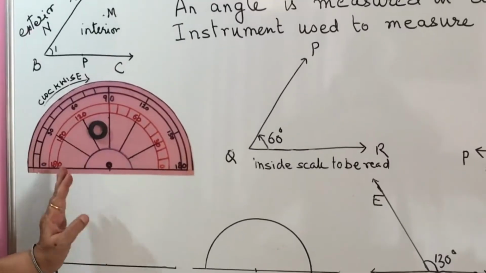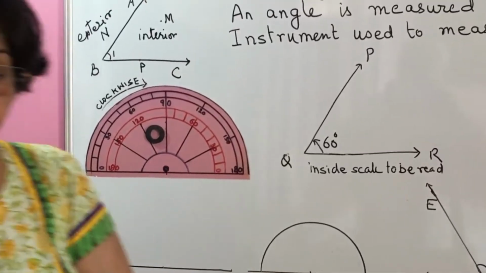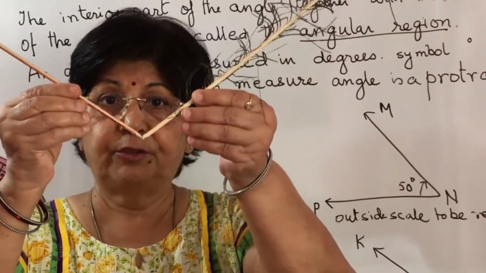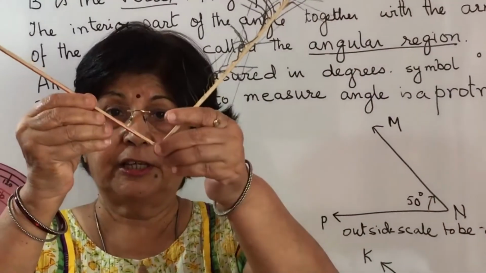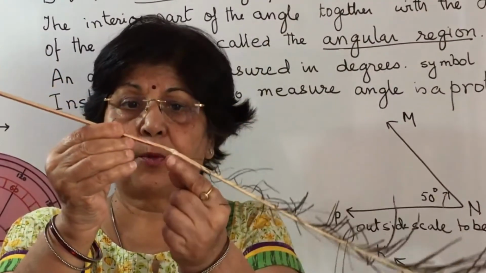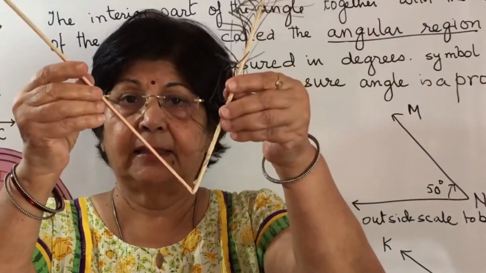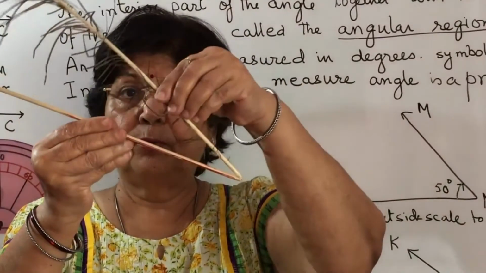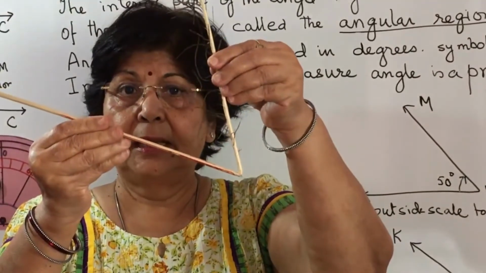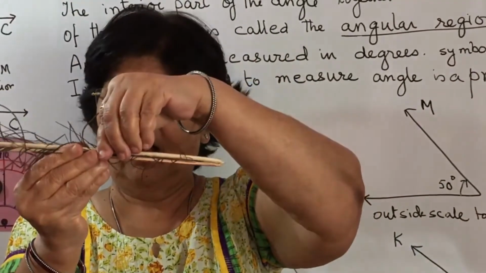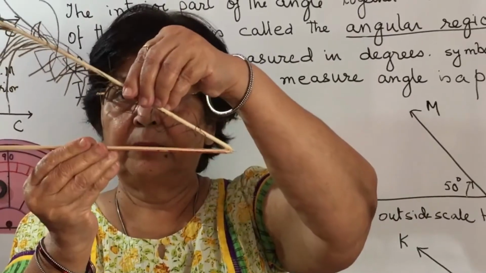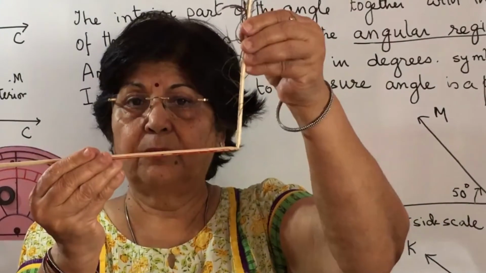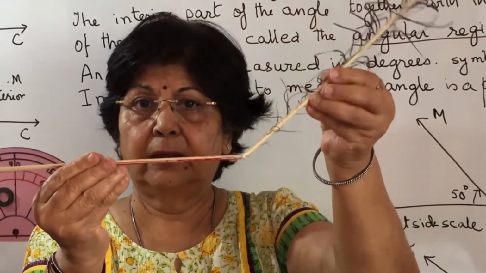Before we come to this, let us see, I have a feather here. Now this feather I have joined at this point. Now this point I call the vertex of the angle. I can move the arm slowly, and as I move the arm slowly, the angle between the arms goes on increasing, becomes bigger and bigger.